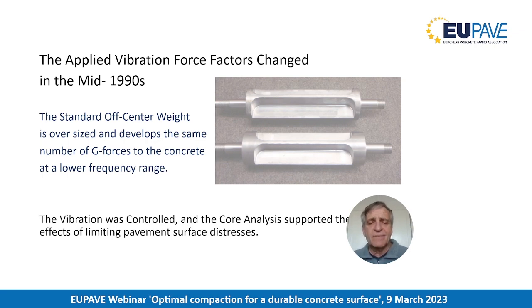They used to run at much higher frequencies, but as we did the research and matching over the years, we slowly moved toward maintaining certain speeds to get the right amount of G forces to match how far apart the vibrators were spaced, and how the concrete's vibration resistance and the vibration matched, so we didn't get some of the material separation that we used to get with mismatched frequency versus concrete resistivity.